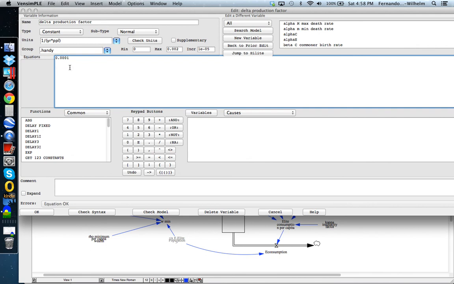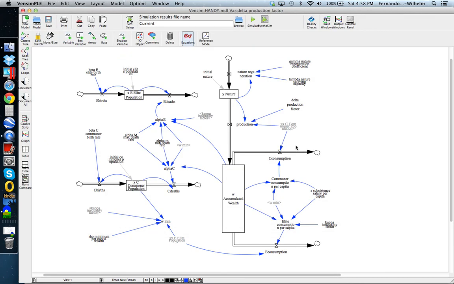And this is essentially what we ran, one of the sub-scenarios under scenario 3 in the handy paper. And I believe that this depletion rate is much higher than the optimal. So what's happening here is that we're running a scenario in which the population is consuming way too much.